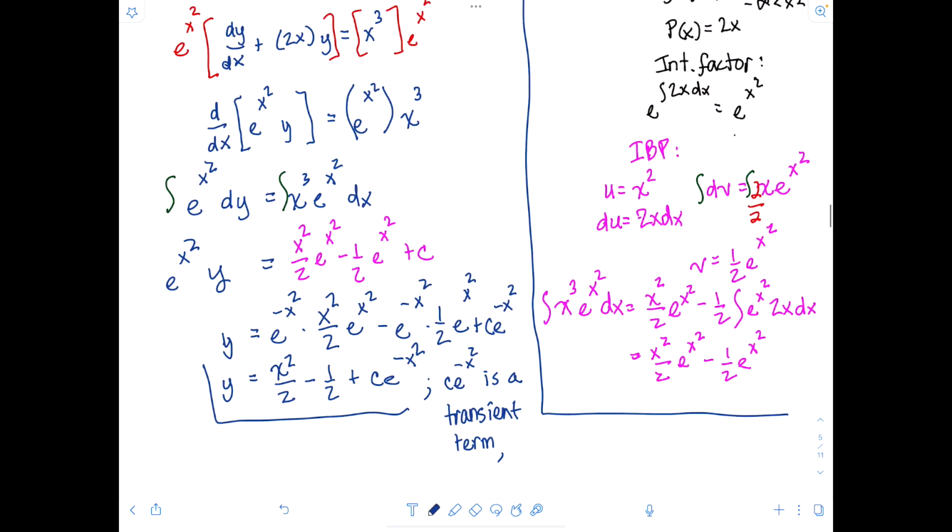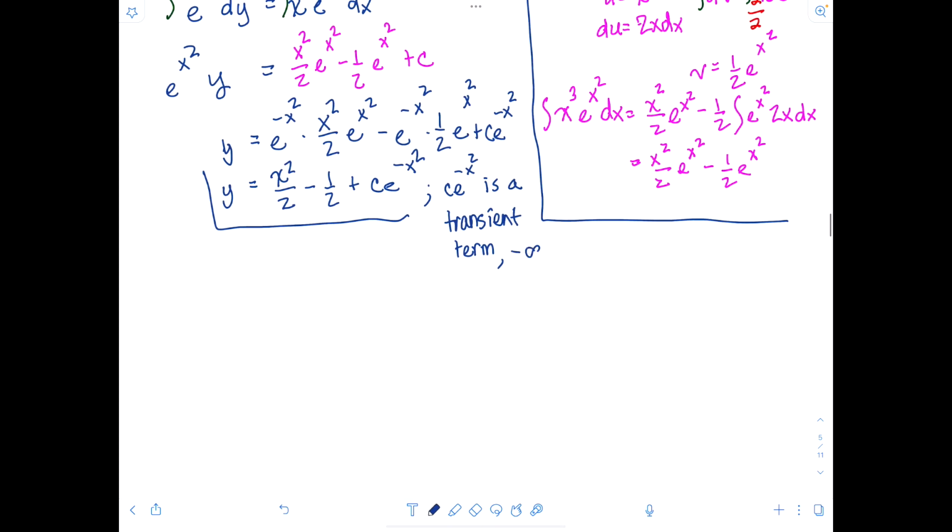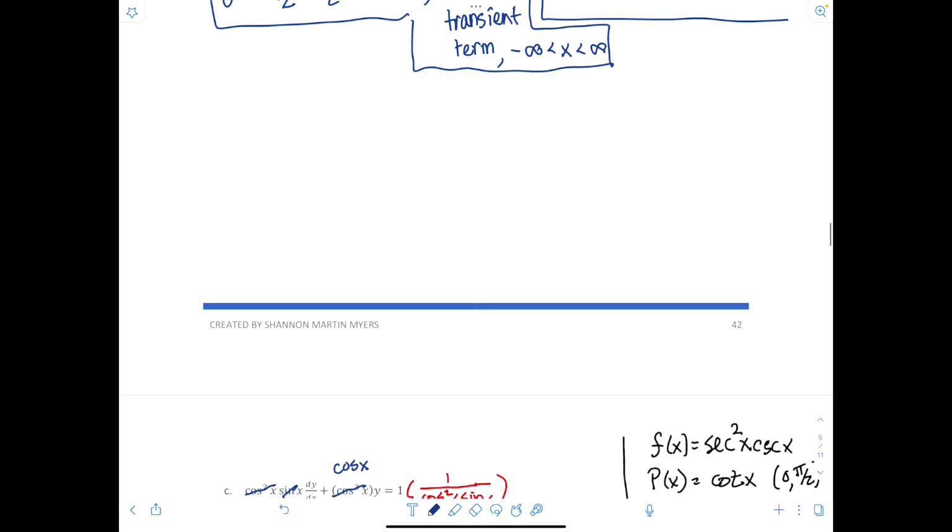And what did we say? Our interval was minus infinity less than x less than infinity. Groovy? All right, I think it is.